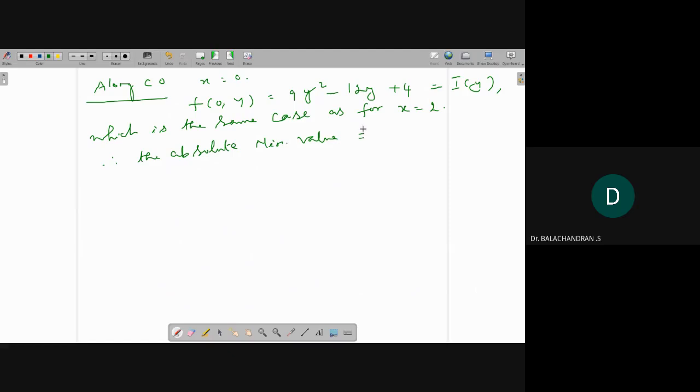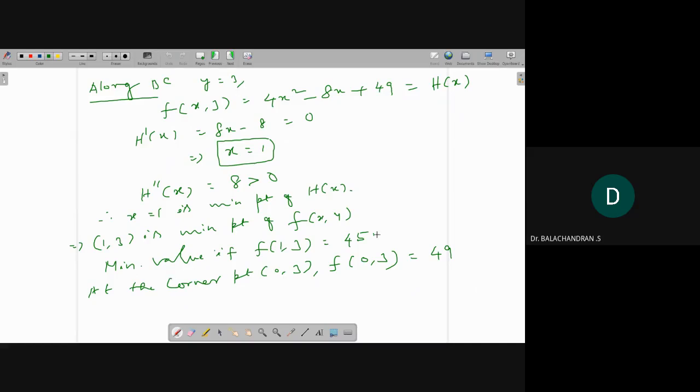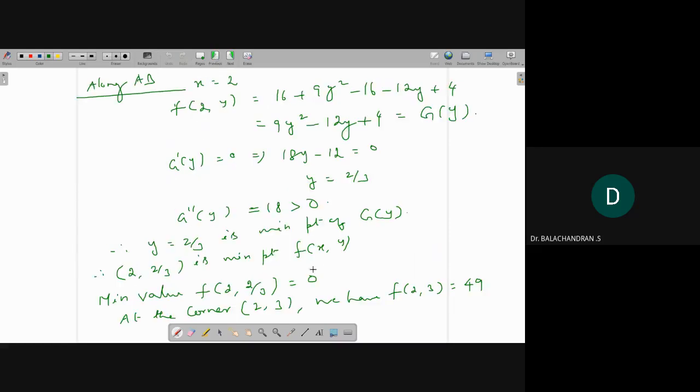What is the absolute minimum value? You can check it here. In this case, here the value is 49, and here 0 for x equal to 2.